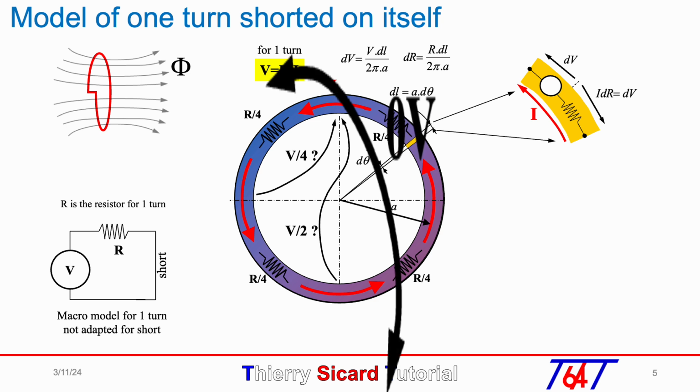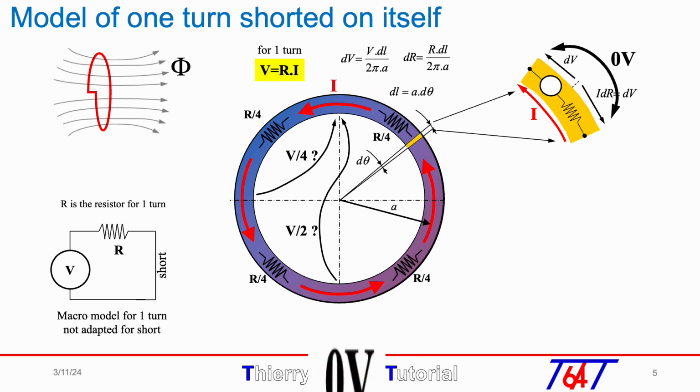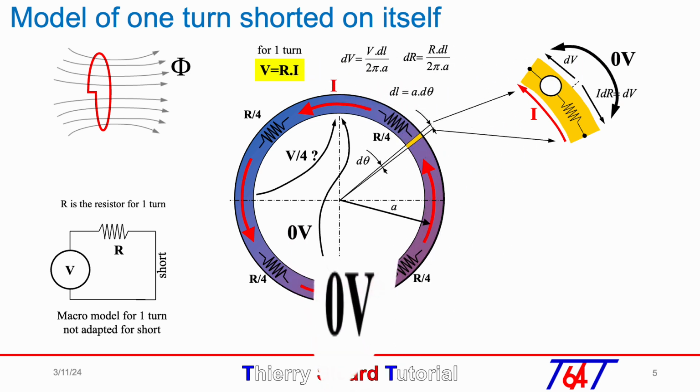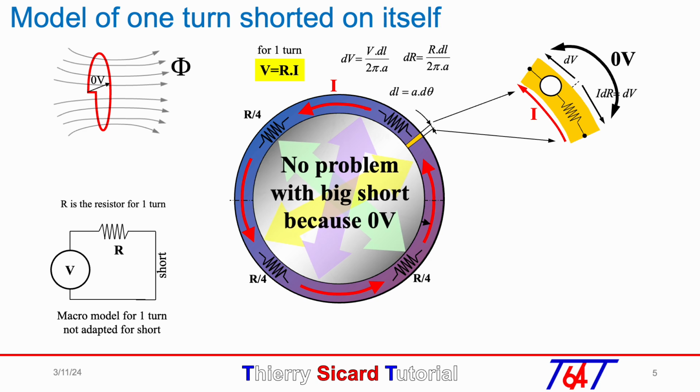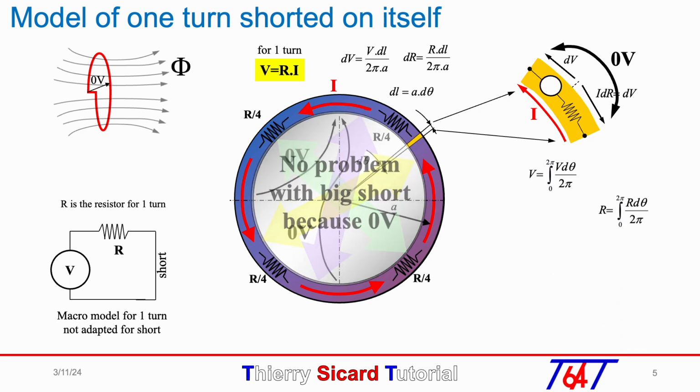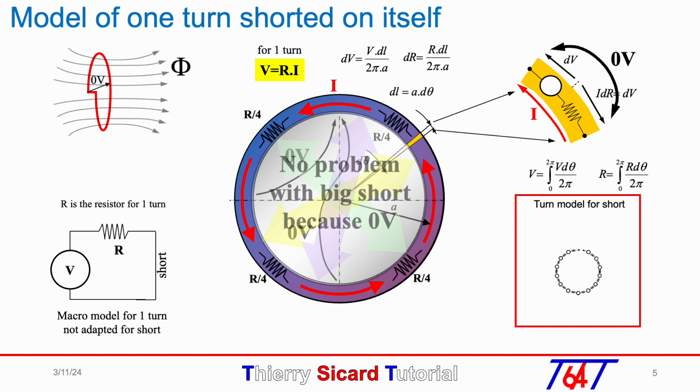So the voltage across the element dl is 0 volt. So if you take a voltmeter and measure the voltages between any points on the shorted winding, you will measure 0 volt. If we do the integration of those infinitely small dV and dR elements, of course we will have V and R. A more realistic model can be done with several elements delta R and delta V.